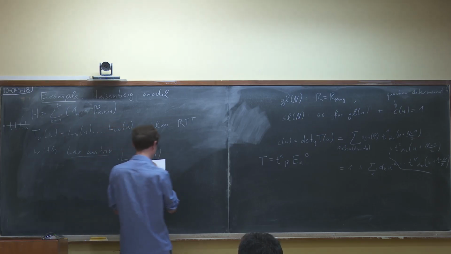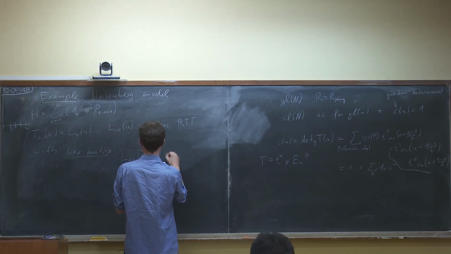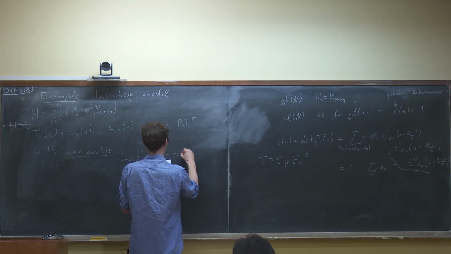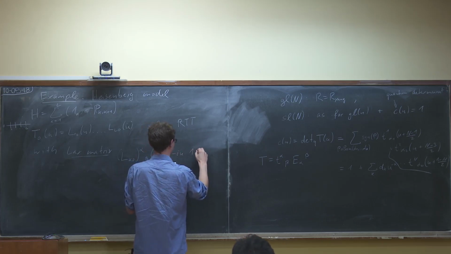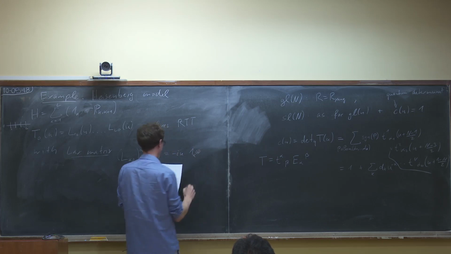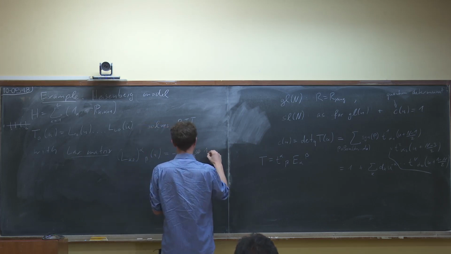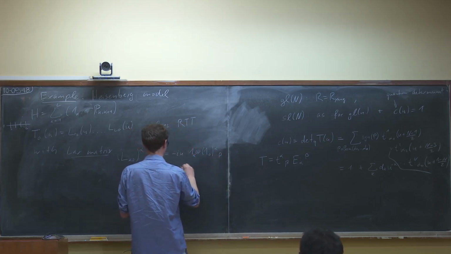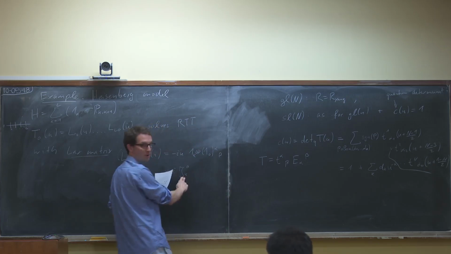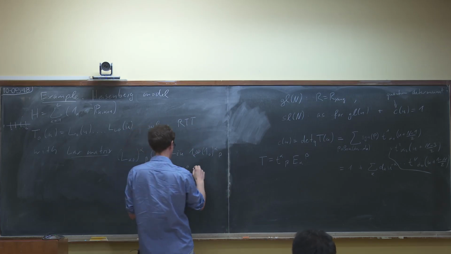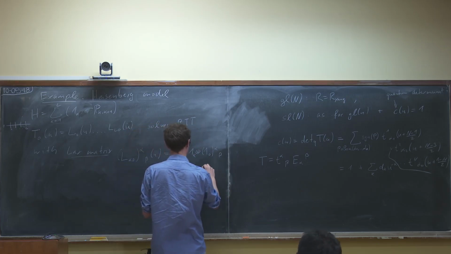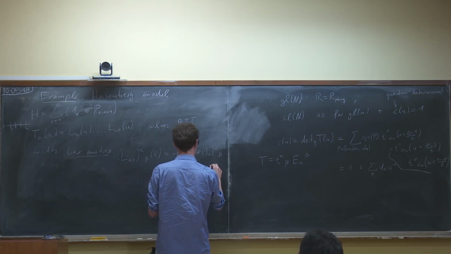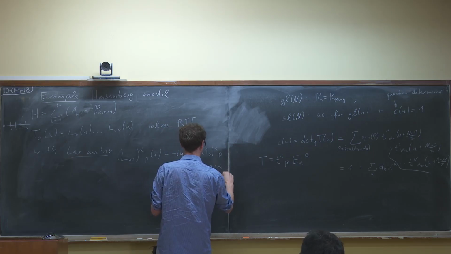Now I have, for convenience, some prefactors here. I have an identity acting on the physical space times an identity acting on the auxiliary space, plus i J_k^a, and this will be now my physical representation, times my fundamental representation, which are contracted.